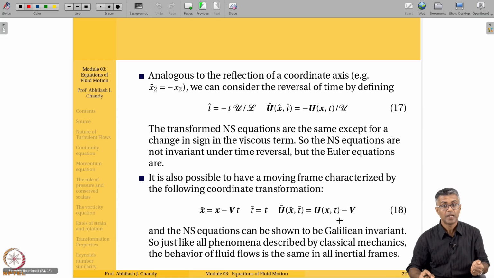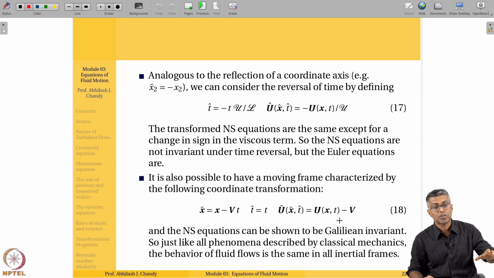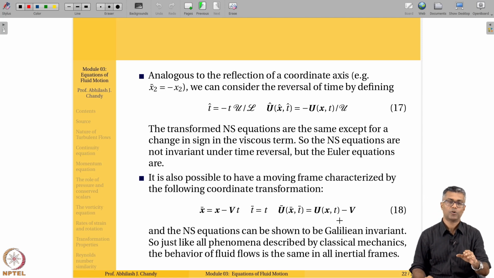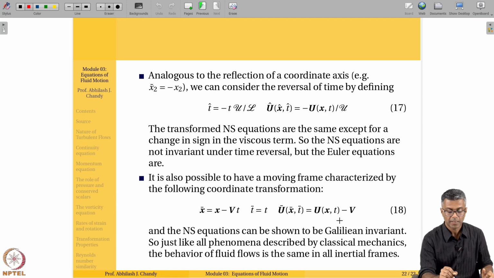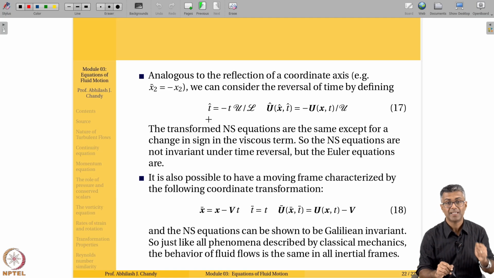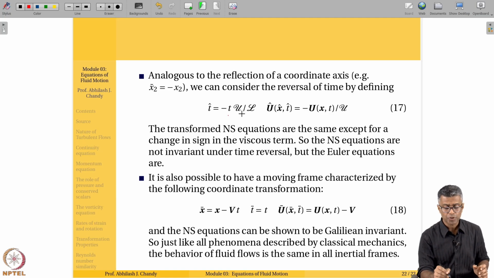There's more. Let's say, analogous to the reflection of the coordinate axis, I consider a reversal of time. Although that is not practical, for mathematical purposes let me consider a reversal of time. Then my new time, t hat, is minus t times u over L. I'm using this u over L just to get time in terms of length and velocity. And then my new u hat becomes minus u over u.